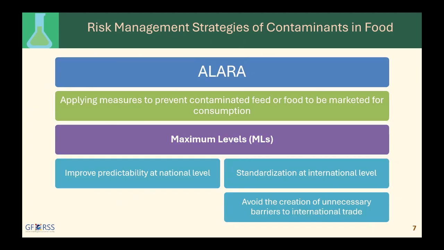Now, what is the basic management strategy to manage the risk of contaminants in the food? It is what we call the ALARA principle. What is the ALARA principle? I will try to do everything in my capacity in order to make the occurrence of this contaminant as low as reasonably achievable.